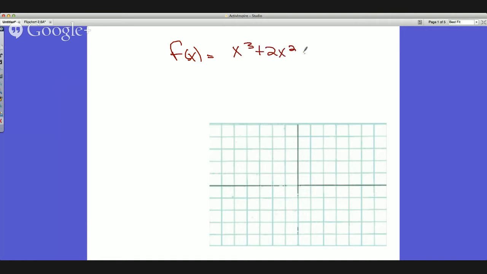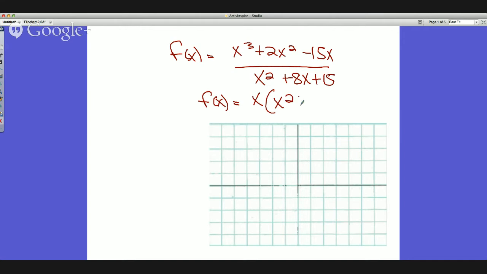Is it just asked for a hole there, Catherine? It says find all the asymptotes and all holes, and you must provide both the x and y value. So my first thing I do, if you remember, off that sheet I gave you, was we want to factor, right? So we get x out to get x squared plus 2x minus 15 all over, and when I factor the bottom, what'd you get?